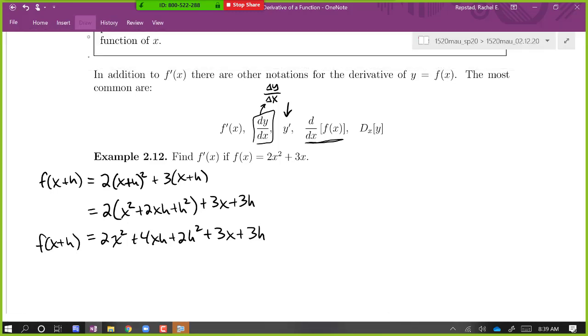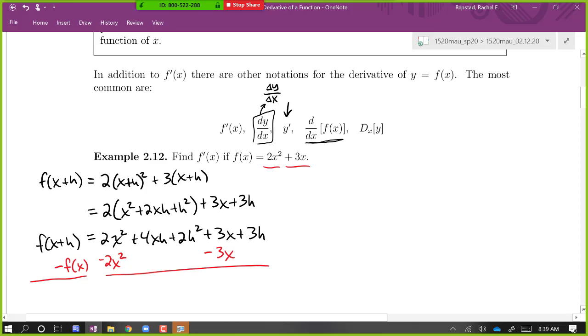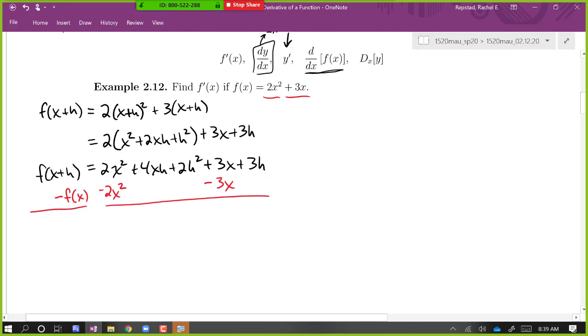We have to subtract f of x, which means we're going to subtract 2x squared and subtract 3x. As expected, we get these terms to cancel out.